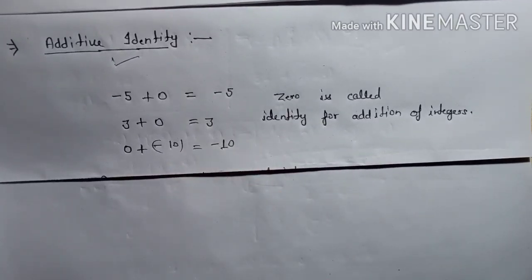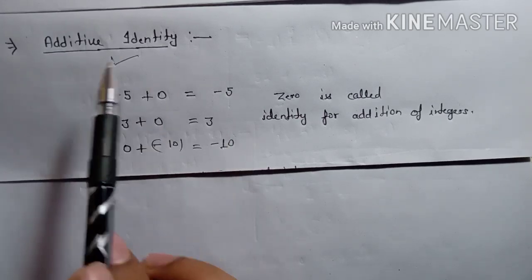And this is the same for whole numbers and natural numbers. So do not forget this, 0 is the additive identity.